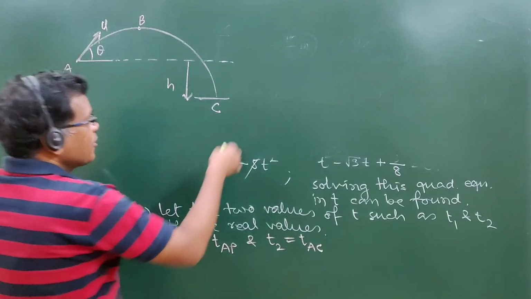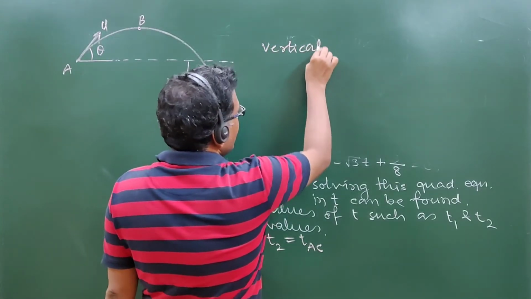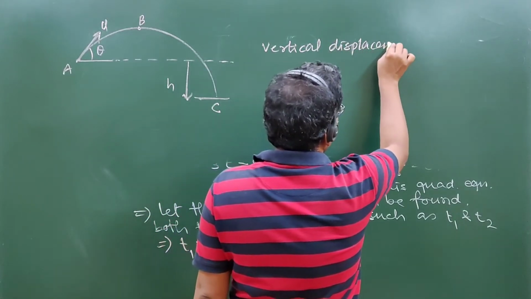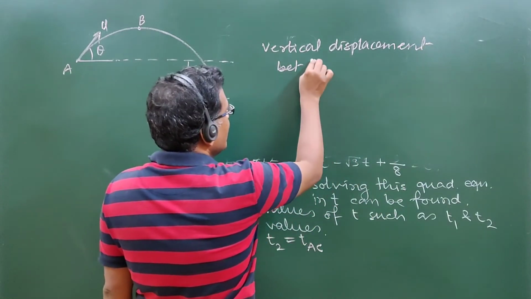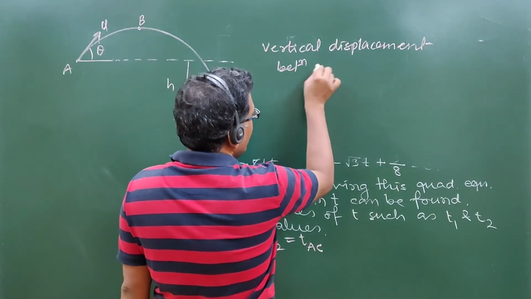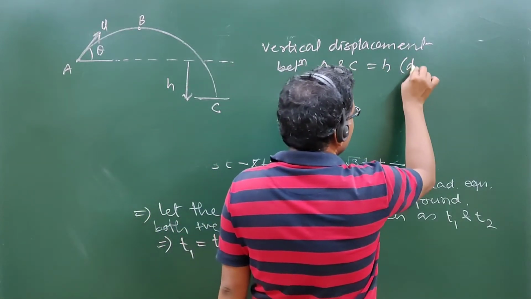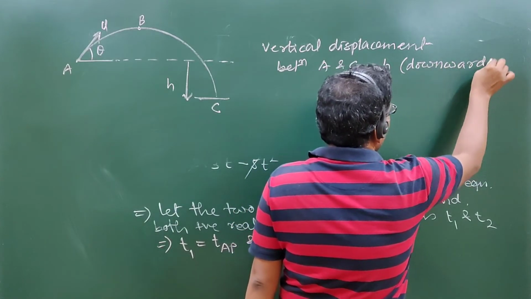So here I can say the vertical displacement between A and C is equal to h, and that is in the downward direction.